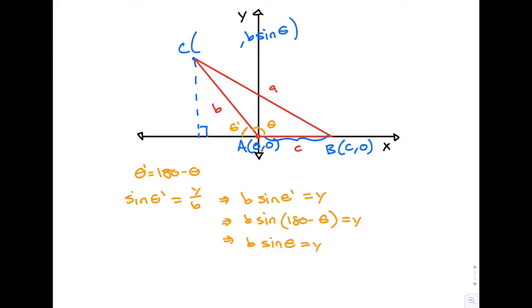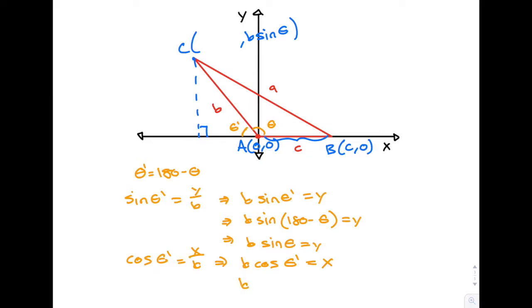Now we'll do a similar kind of process for cosine using the same theta prime. So we could say that cosine of theta prime equals x over b, which would then imply that b cosine theta prime equals x. Now the question is, what happens here? Well, for the same angle theta, we'll have the same absolute value of the horizontal distance away from the origin.